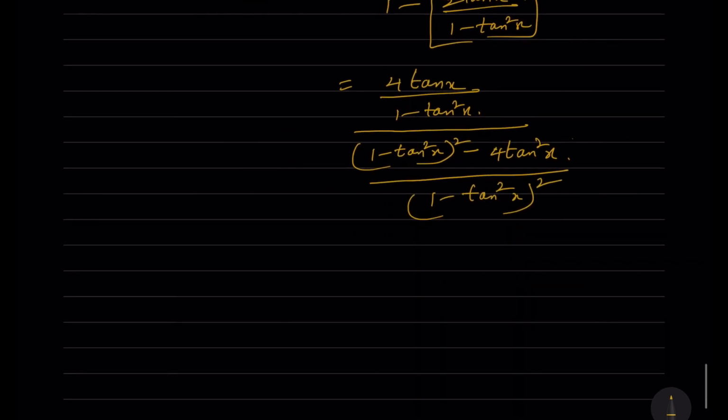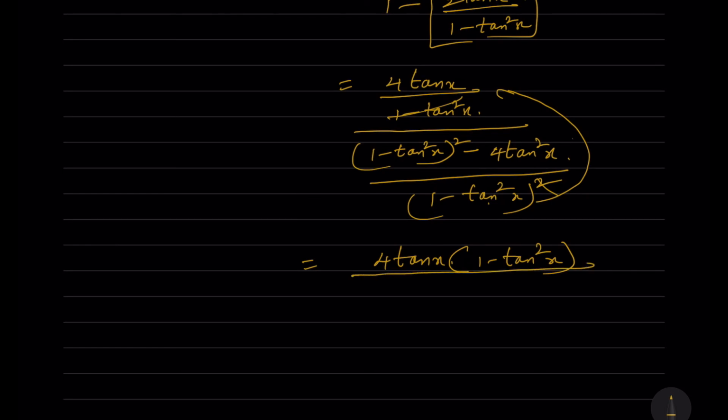So which is equal to, here you are getting it as 4 tan x by 1 minus tan square x, this will get cancelled, you are getting only 1 minus tan square x. So this will go to the numerator over here. So it will become 4 into 1 minus tan square x divided by, you expand what is 1 minus tan square x whole square using the formula a minus b whole square.